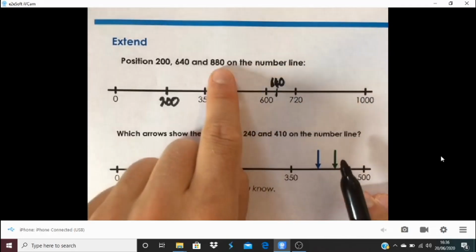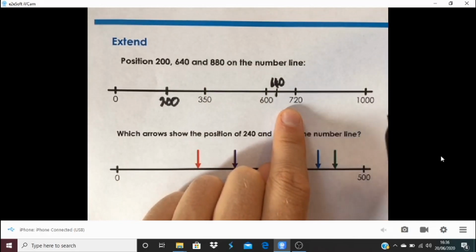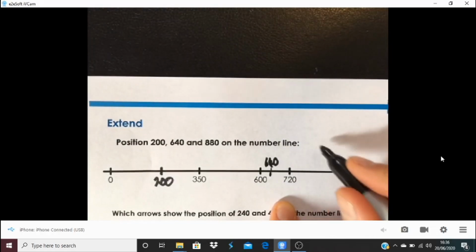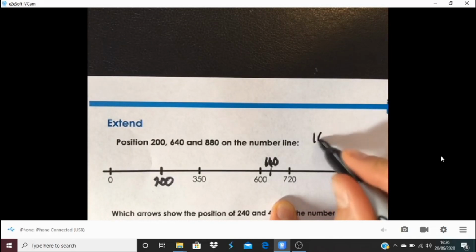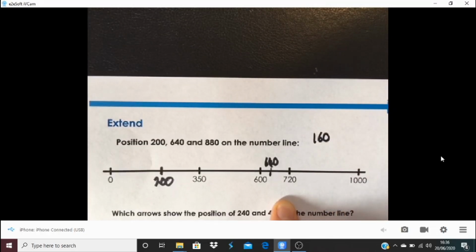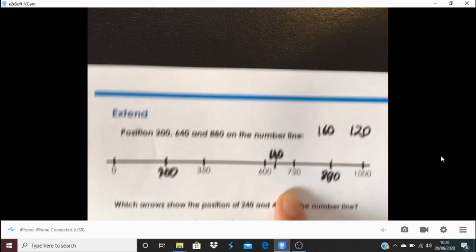Now, for 880, I was thinking closer to 720 or 1,000. Well, the distance, let me just see if I can move this slightly so I can write it more easily. I thought 720 to 880, that's 160. And 880 to 1,000 is 120. So it's going to be nearer to 1,000 than 720 by a bit. So I thought around about here, something like that, 880.